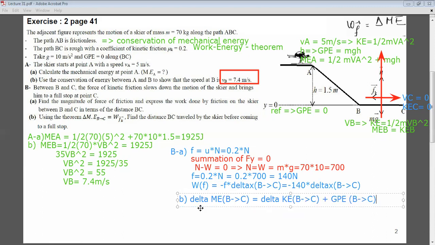So this is the formula for delta mechanical energy. Now let's look from B to C. Is there any change in height from B to C?